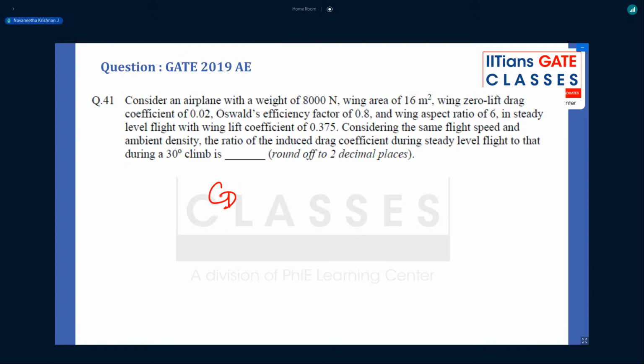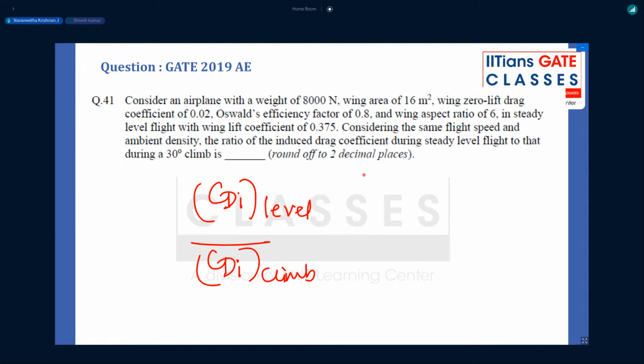We want to find the ratio of the induced drag coefficient during level flight to that of the induced drag coefficient for the climb flight. First, to understand that, I have to know what holds for level flight. For a steady and level flight, lift is equal to weight.